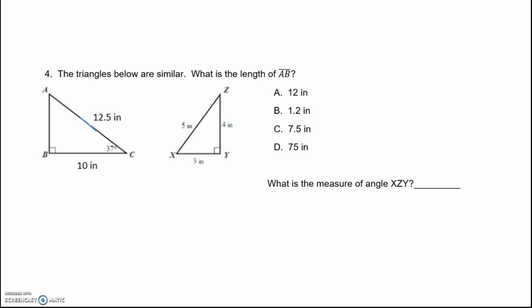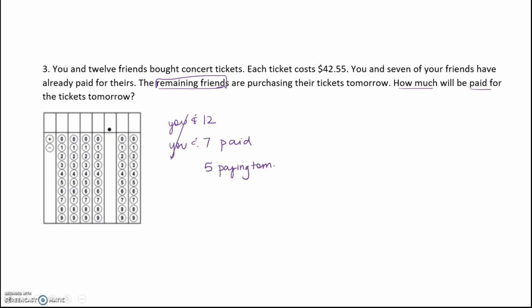Okay. So if 5 are paying tomorrow, it says each, right, is multiply or divide. Each, in this case, multiply, costs $42.55. So how much are paying tomorrow? So 5 people are paying tomorrow, and each ticket is $42.55.